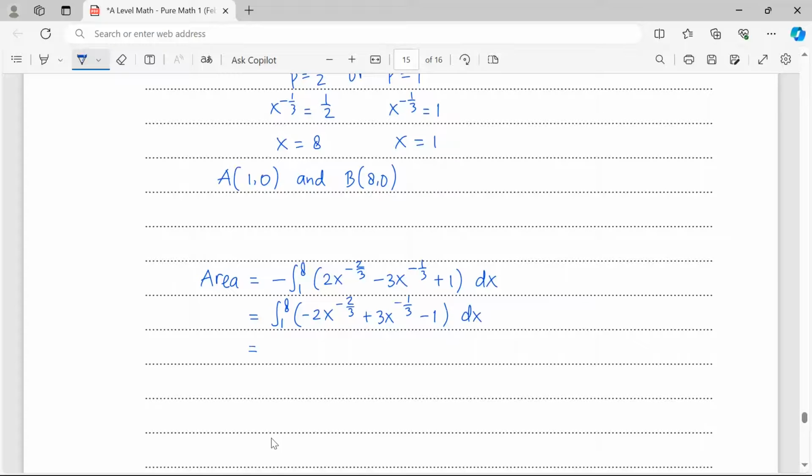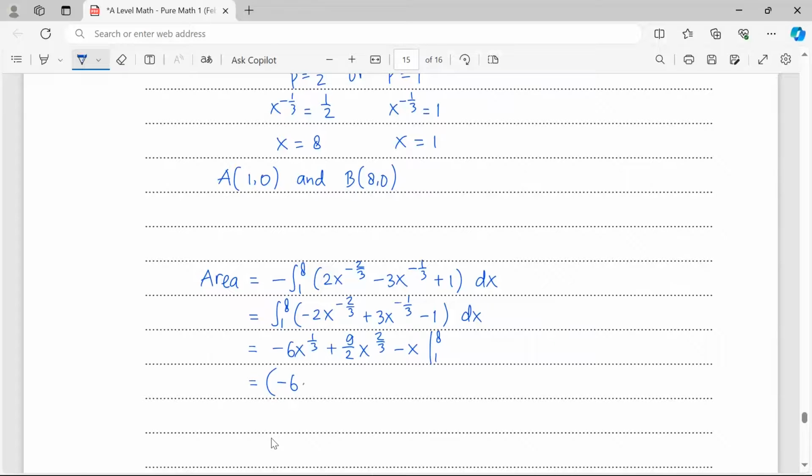Now we integrate one by one. If you integrate the first term, you will get negative 6x to the power of 1/3. Integrate the second term, you will get 9 over 2 x to the power of 2 over 3. And then integrate the third term, you will get negative x. And this is from 1 to 8. Now you substitute the limits of integration starting from the upper limit first.